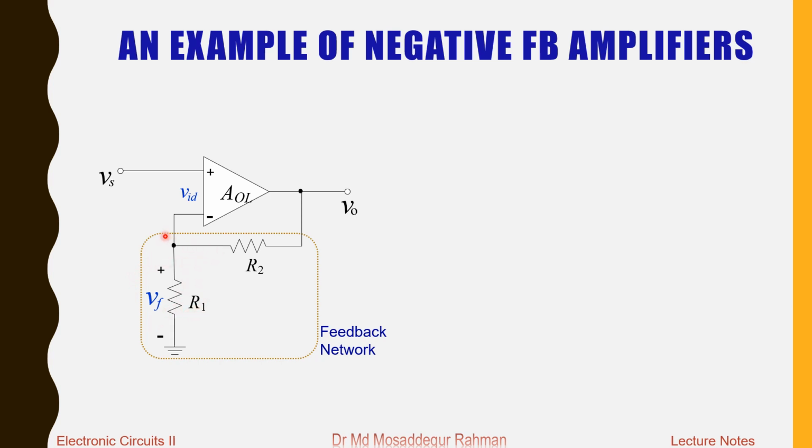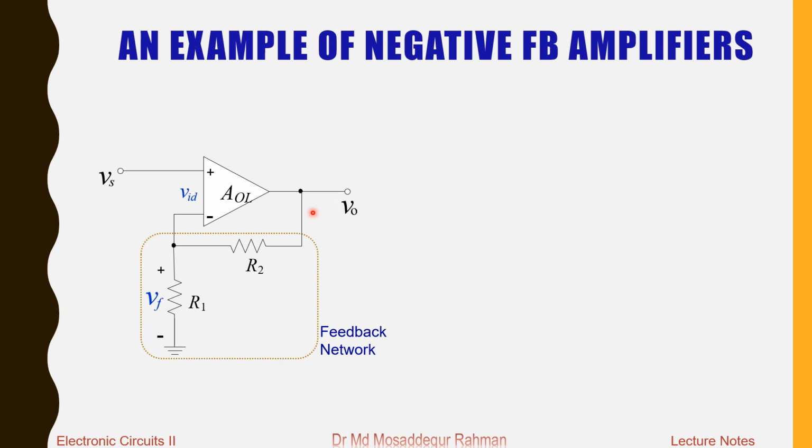Now at the input side, we have a signal voltage Vs, and at the non-inverting input terminal, we have this voltage Vf, which is proportional to our output voltage V0. The difference between Vs and Vf will be taken up by the op-amp, and it will amplify this difference signal.